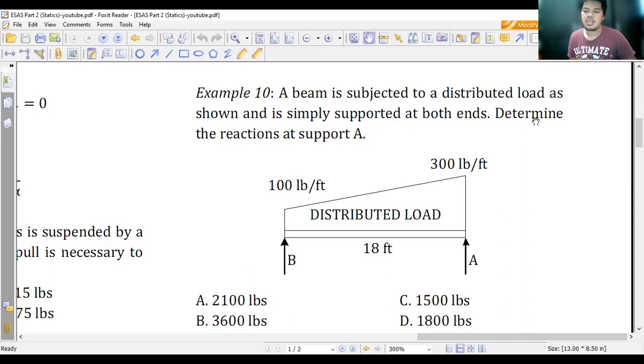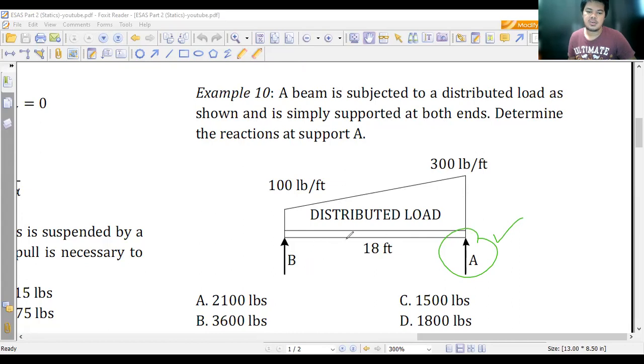Determine the reactions at support A. So we are asked to calculate the reaction at support A. Take note, we have this distributed load: 100 pounds per foot, and then we also have 300 pounds per foot.